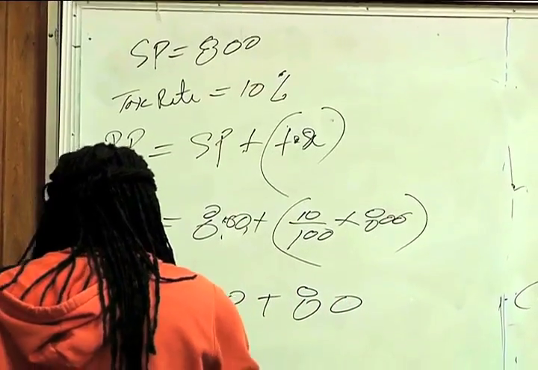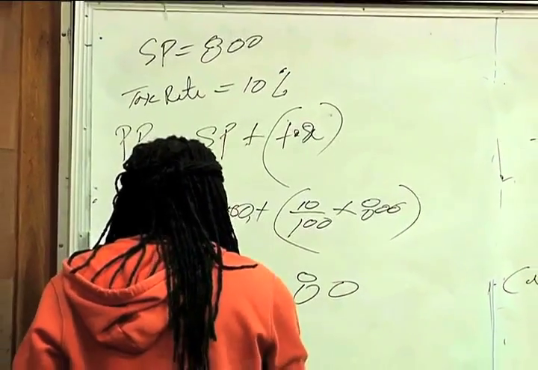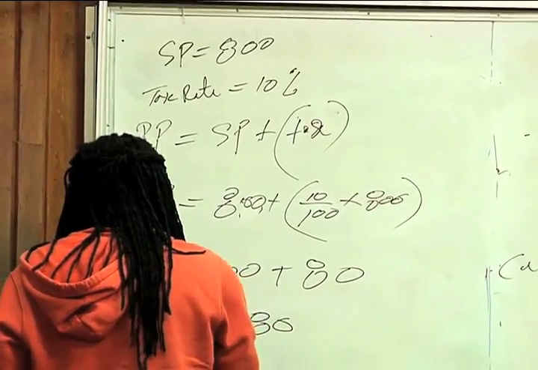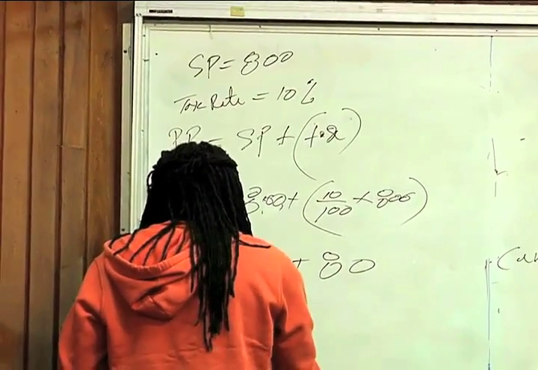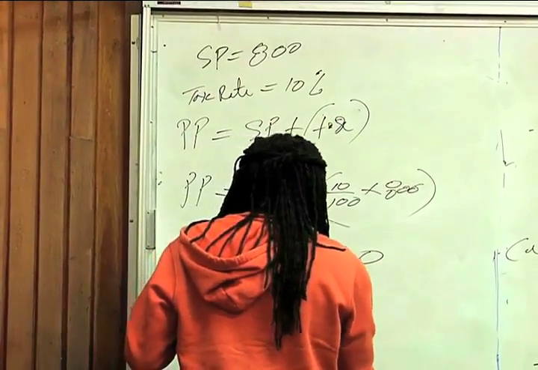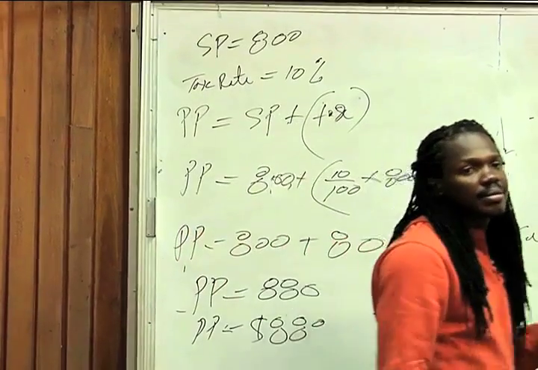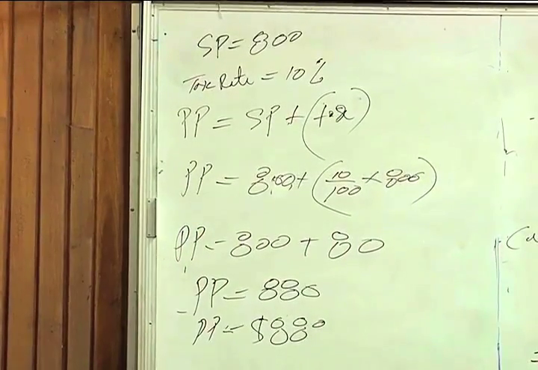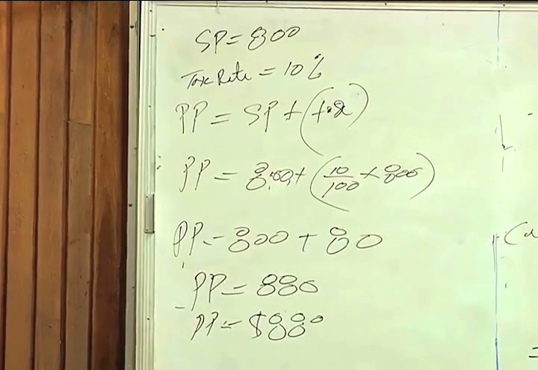Price paid is equal to 880. Price paid equal $880. You see that? Now when you go to the place, the man says plus tax. What does he mean by plus tax? Selling price plus tax. You see that?